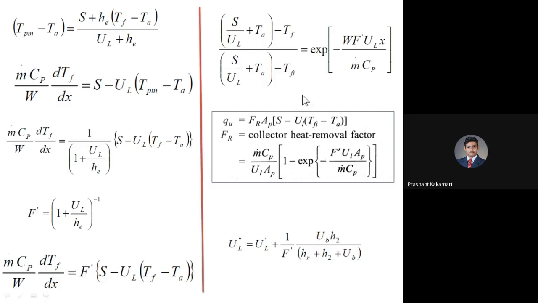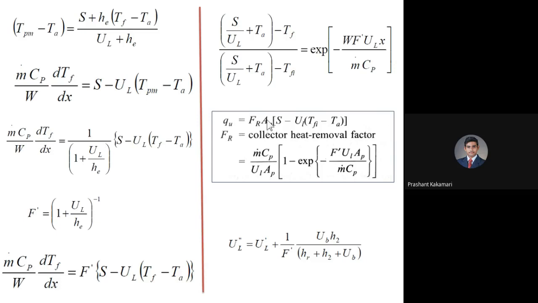Similarly, coming to the other substitutions, using the same equations, I can separate some terms on the right hand side and some terms on the left hand side, using the mean fluid temperature and the fluid inlet temperature. If I substitute, I can write it as S by UL plus TA minus TF.